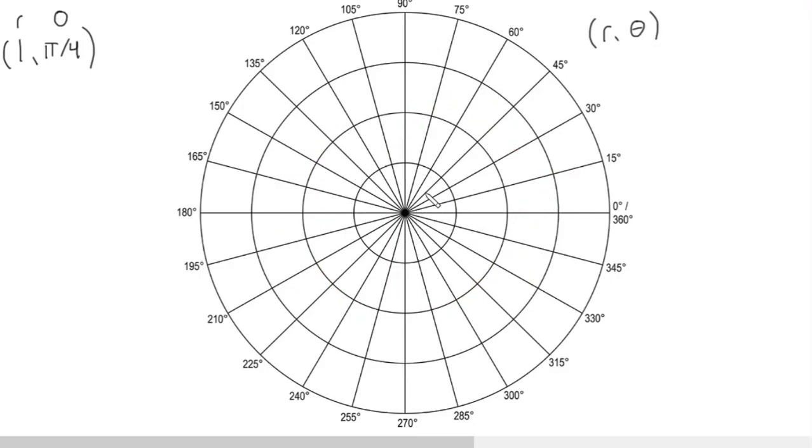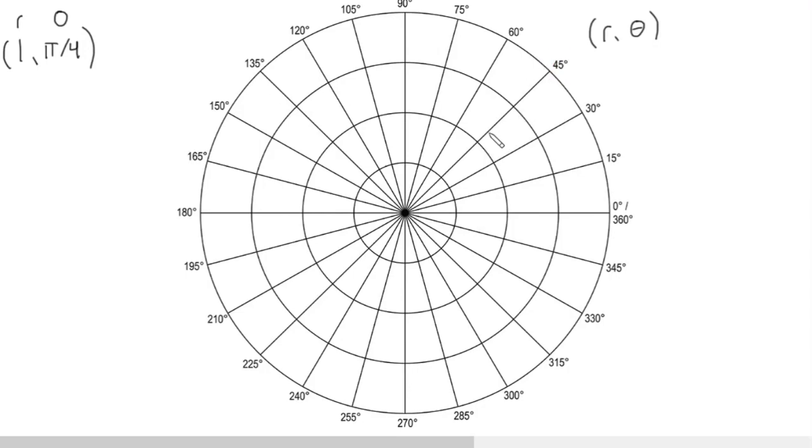Well, I want it to stop at 45 degrees, or pi over 4. That's where I want it to target. And then we have to ask ourselves, how far out do we need to go? How many circles out do we need to put this point? Well, I know that I'm going to be at pi over 4, which is 45 degrees.